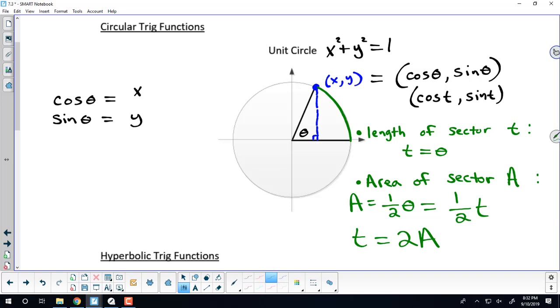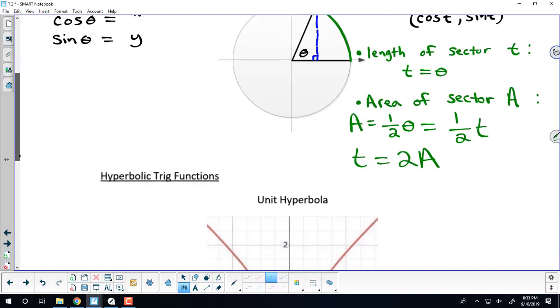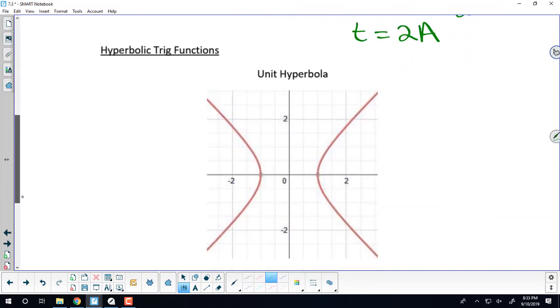I don't know that this is going to matter all that much, but we're trying to set up parallels between the circular setting and the hyperbolic setting. The idea was that sine and cosine describe points on the unit circle.